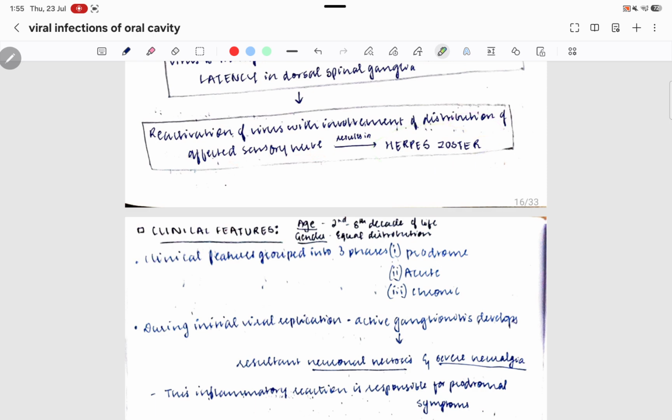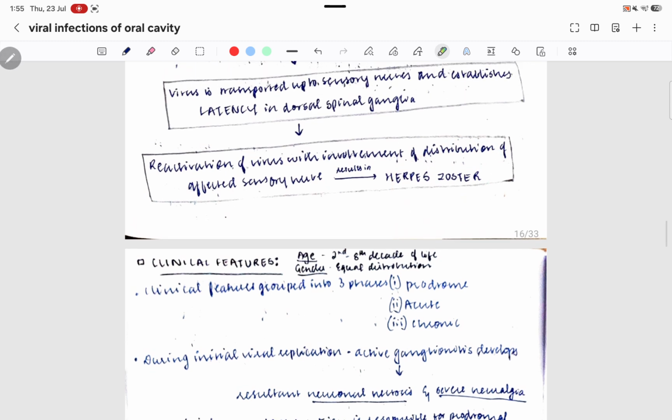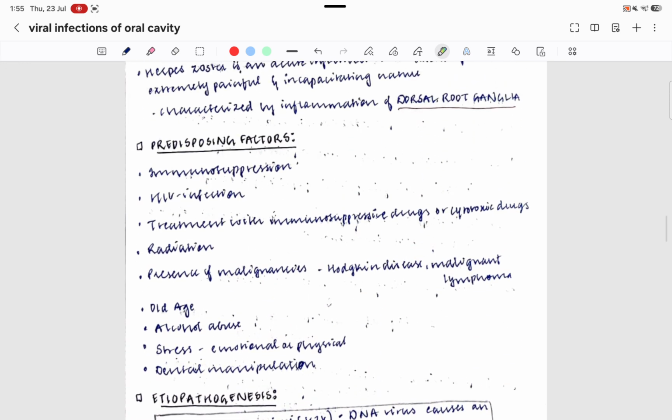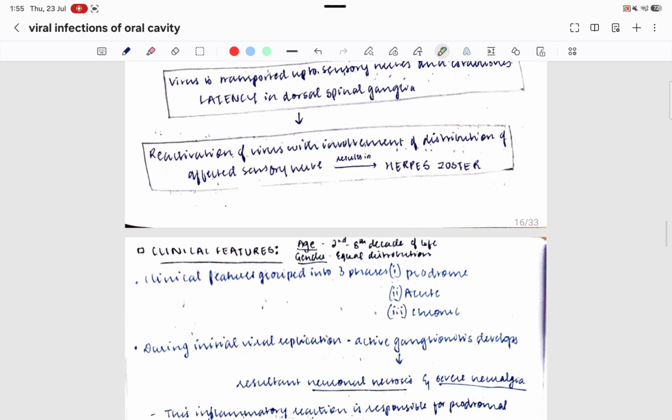So basically herpes zoster is not a virus; Varicella-Zoster virus is causing herpes zoster. Once it goes latent, it recurs as herpes zoster. The recurrence factors could be varying, like the predisposing factors.